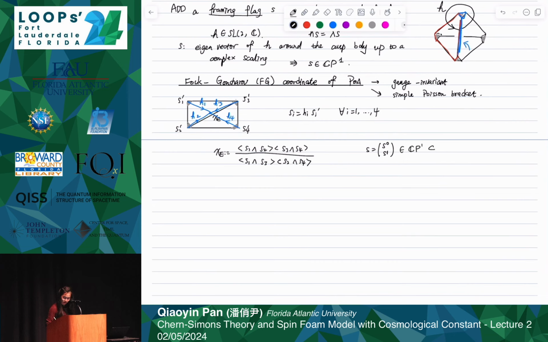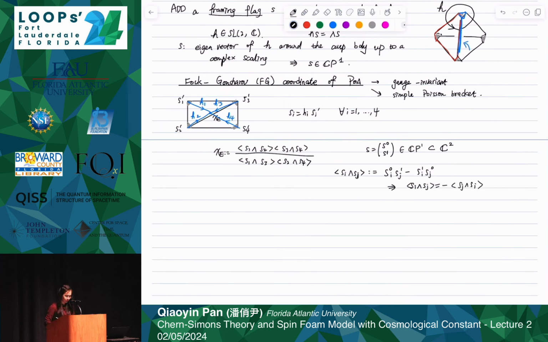So it's represented by two complex variables. The inner product for Si, Sj is defined as Si0 Sj1 minus Si1 Sj0. Then you immediately realize that Si cross Sj is anti-symmetric.